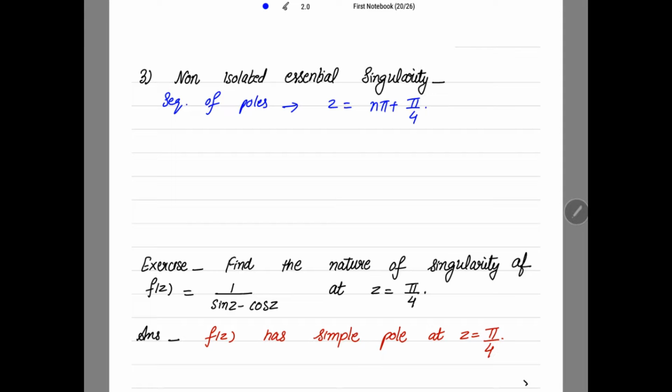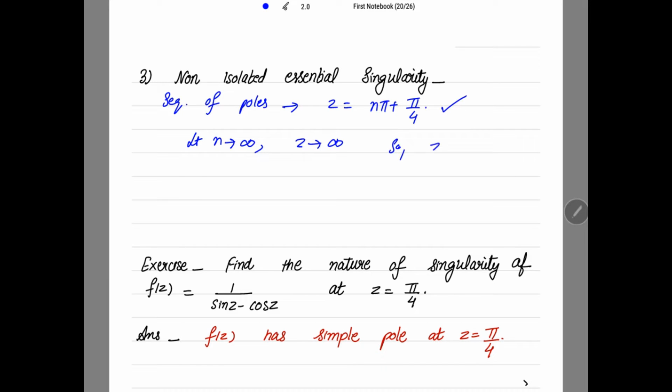Now what is the limit point for these poles? We have to take the limit. So as n tends to infinity, z is also tending to infinity, right? So z is the limit point of this sequence of poles.